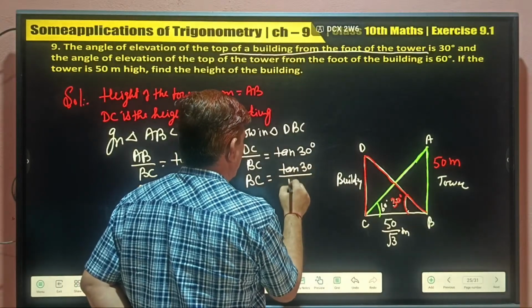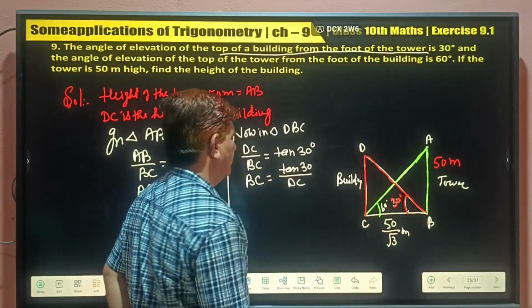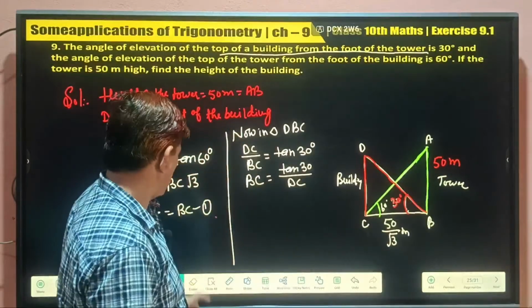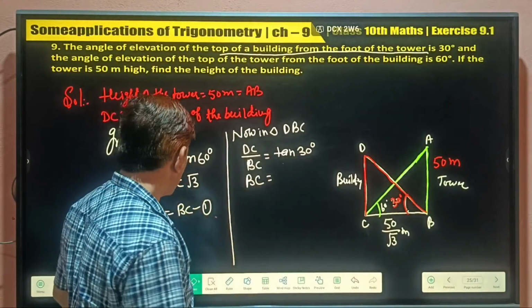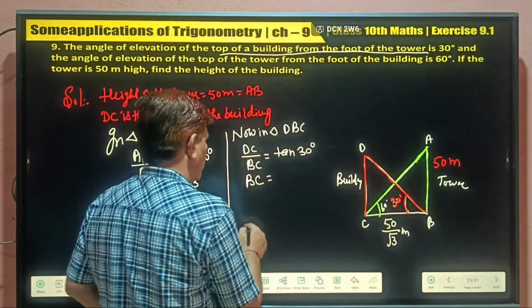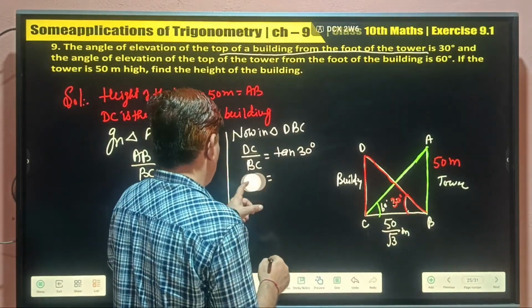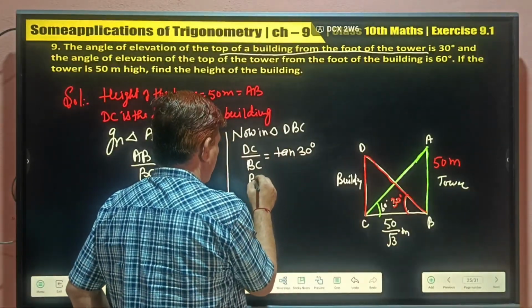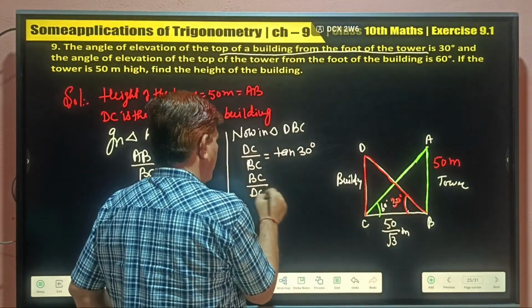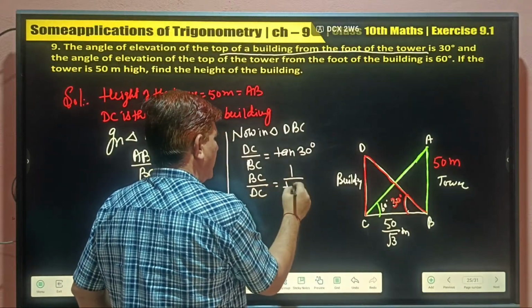Wrongly written; we can write BC by DC is equal to 1 by tangent 30.